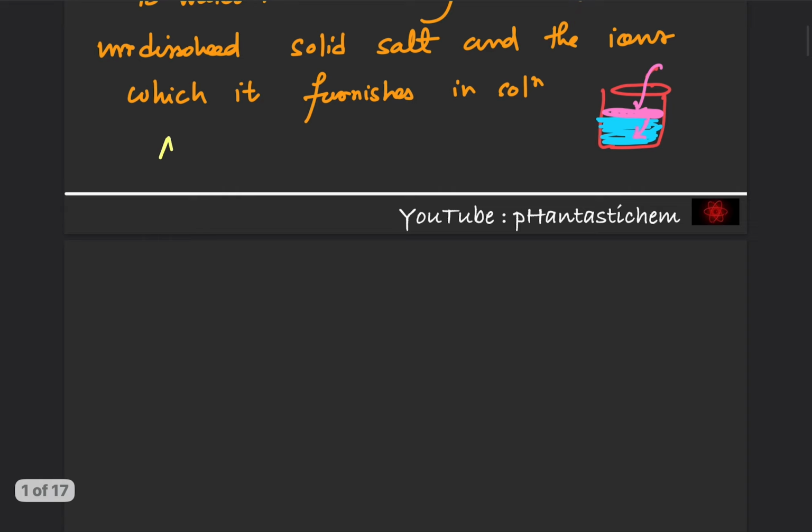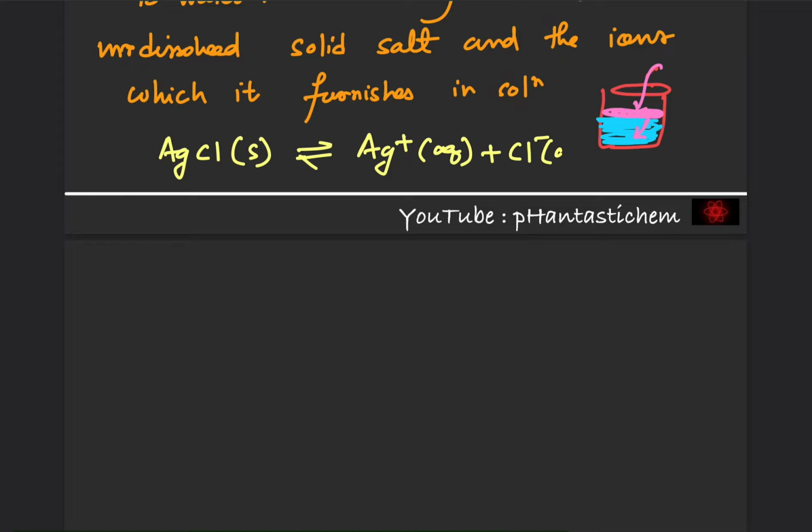that is AgCl solid, the undissolved salt, is in equilibrium with Ag plus and Cl minus, the ions that it has furnished in the solution, right? And at equilibrium, we know the rate at which this solid AgCl dissolves, the forward reaction, will be equal to the rate of the opposite process of precipitation of these two ions to form the solid salt AgCl.